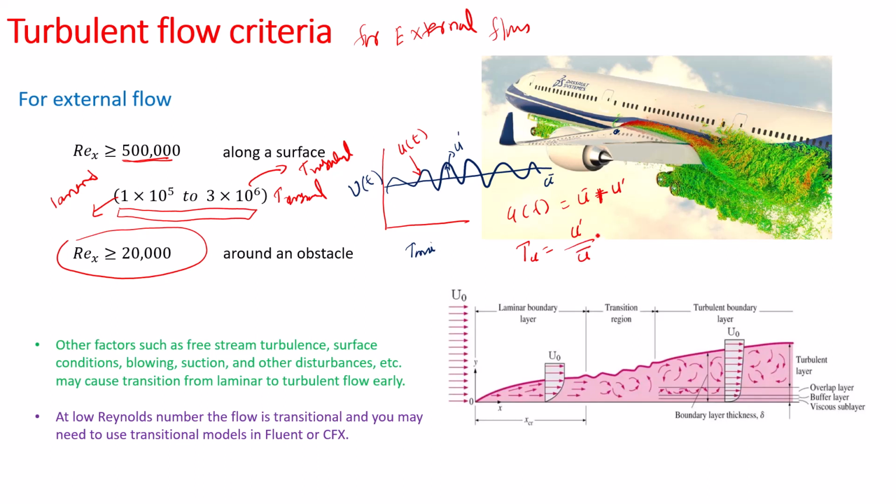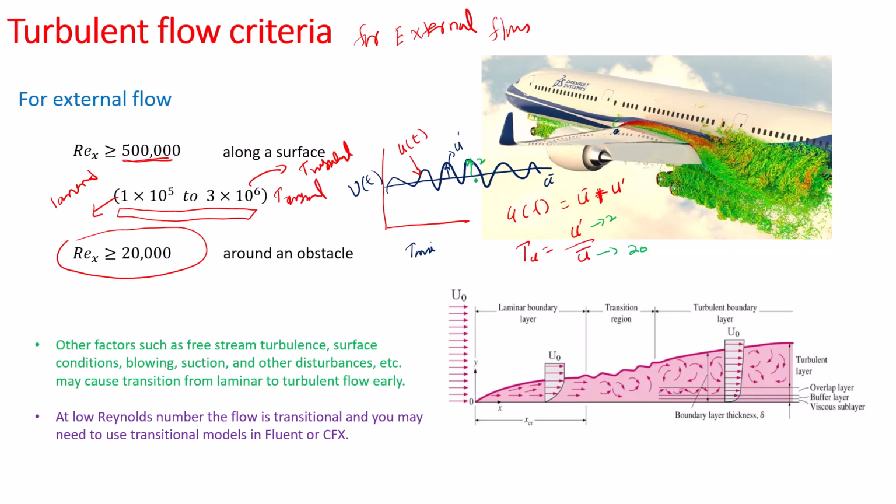Now what does it mean? For example, if my average velocity is 20 meters per second and the fluctuation we are experiencing is 2, that is from the mean value to here. We assume that these fluctuations are the same on both sides of the average velocity.